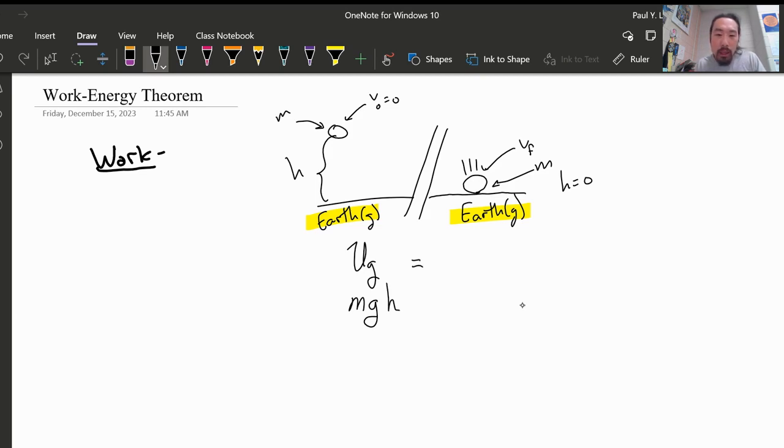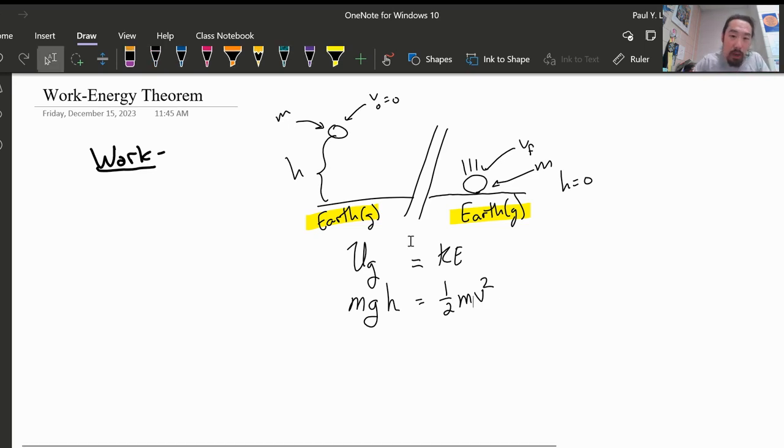And we say that the energy gets transferred from the field into the motion, which is 1/2 mv squared. So the idea of the work energy theorem is what gave the field the energy in the first place. Where did this energy come from in the first place? What gave the field energy?